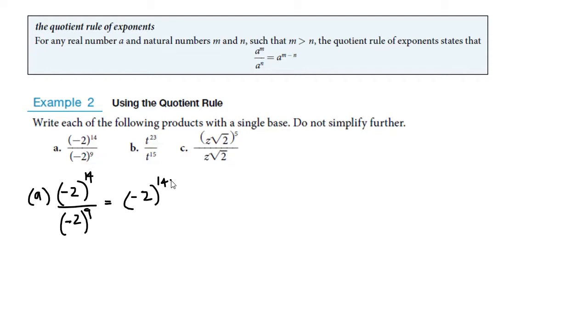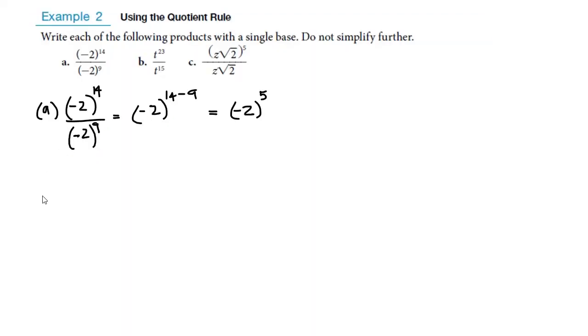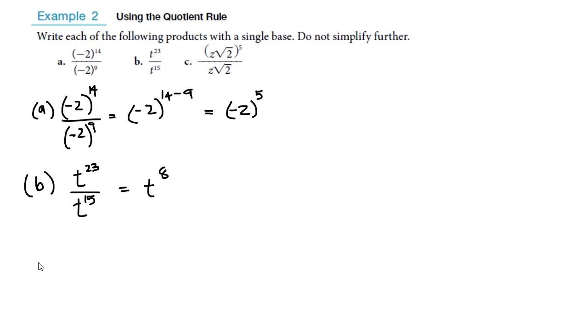So the exponent would be 14 minus 9, so that would be negative 2 to the power 5. So in part B, we have t to the power 23 divided by t to the power 15. So that equals the base of t, 23 minus 15, which is t to the power 8.